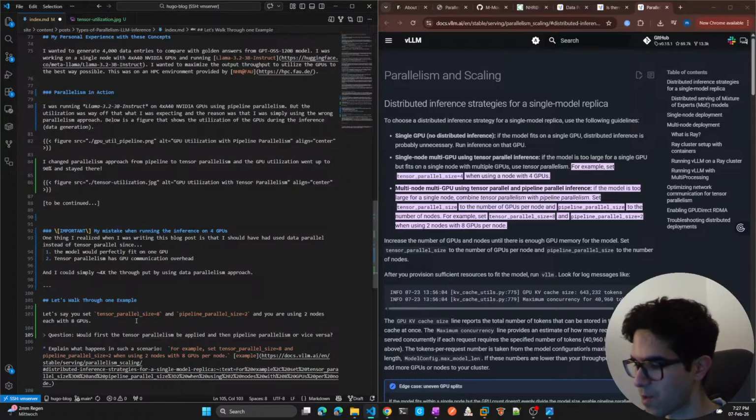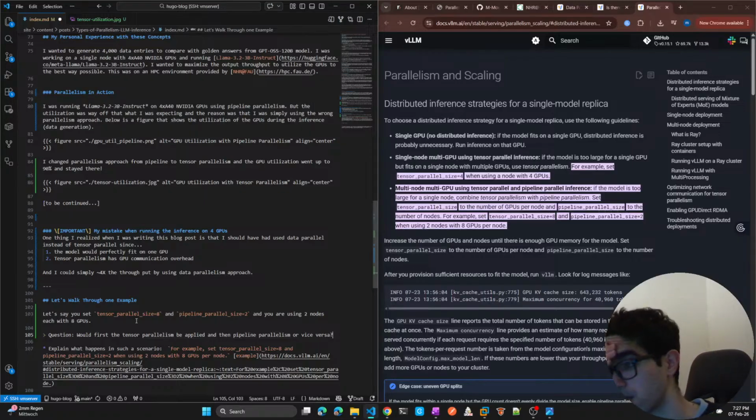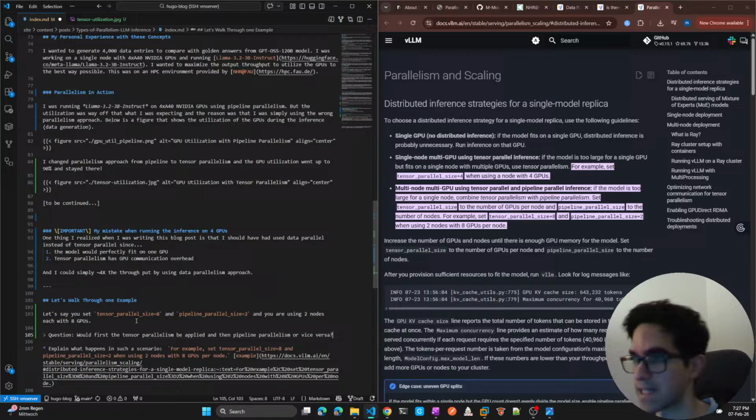So basically you're breaking your model. You're saying that I want to use tensor parallel size 8 and pipeline parallel 2.